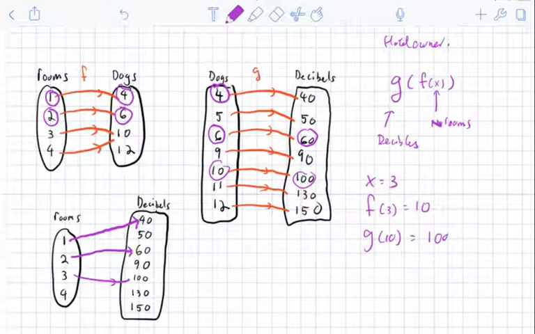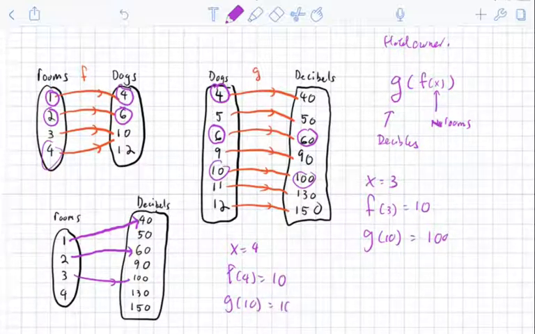When x is equal to 4, oh, the last one actually didn't have any dogs in it. So you still get 10 dogs, and then g of 10 is equal to 100. So both of these go to the same number. Okay? And so this arrow diagram plots out the function g of f of x.